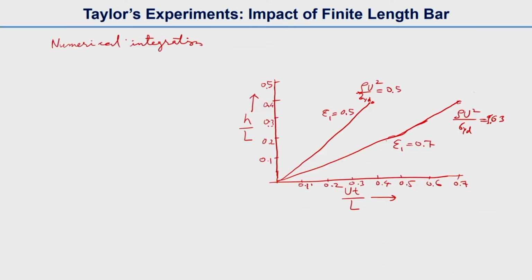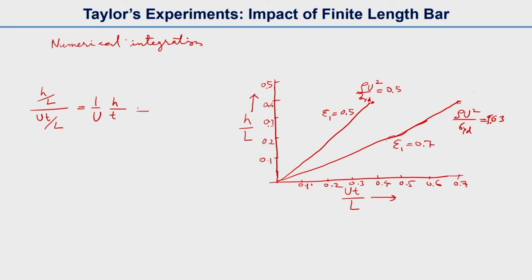So now actually we can write this h by L, ut by L is nothing but that 1 by u h by t is equal to 1.